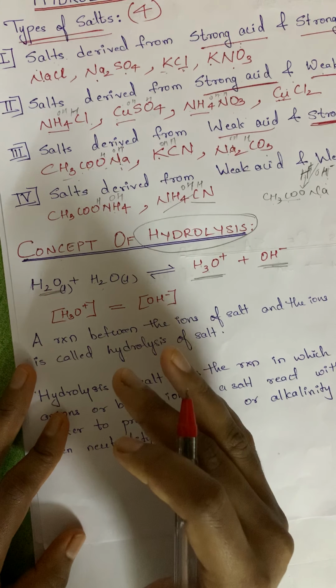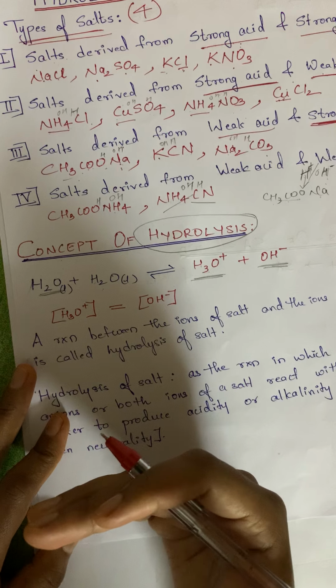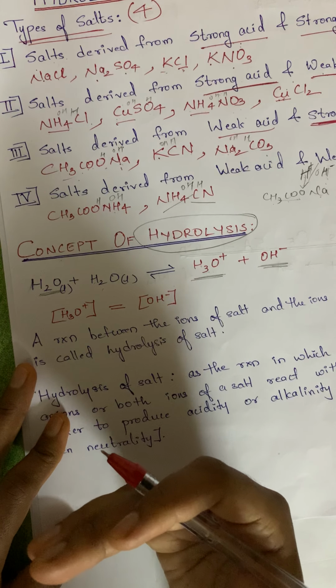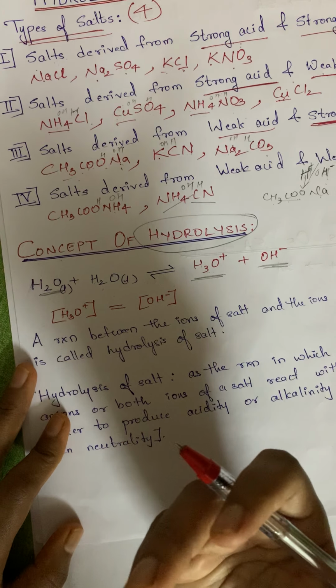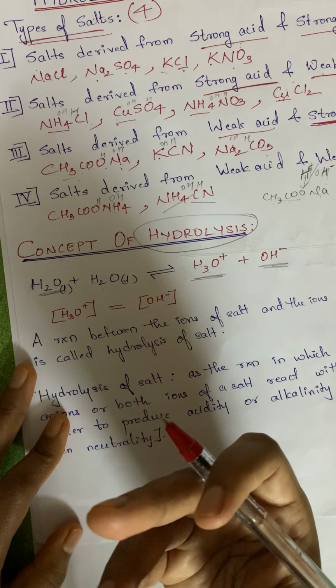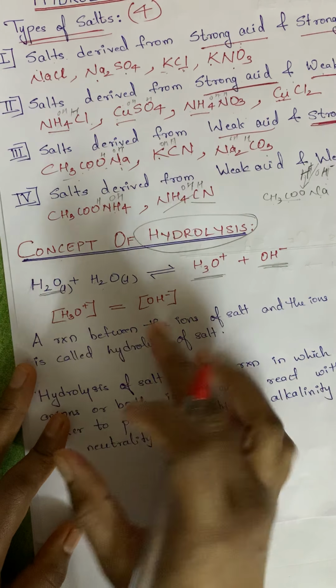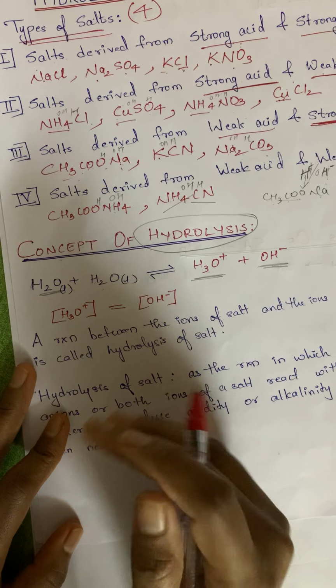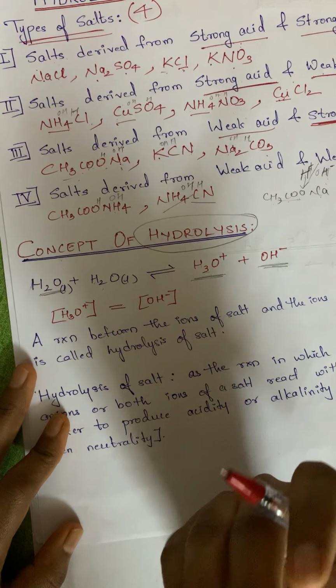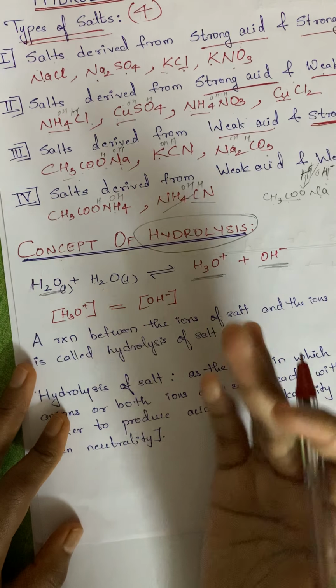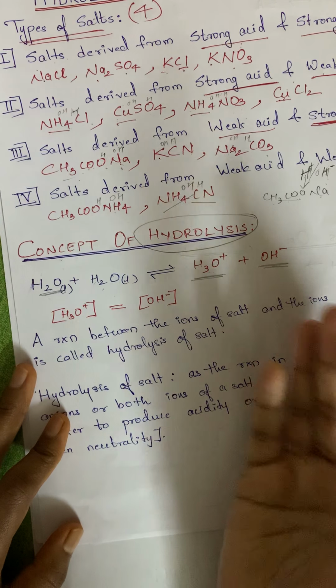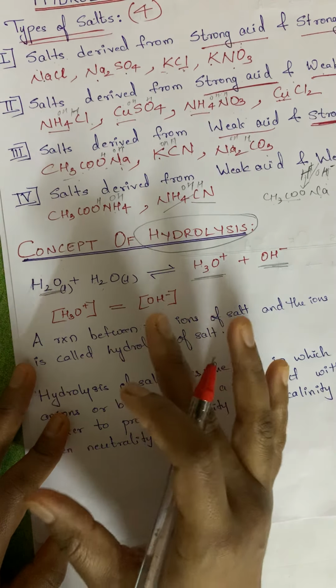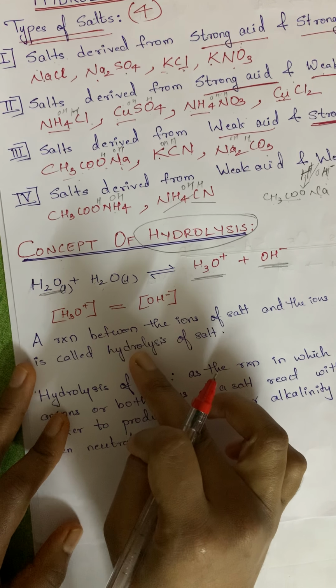When we add a salt, the acidity, basicity will change. That means the neutrality, if pure water is neutral in nature, it can change to either acidic or basic, or sometimes it remains neutral depending upon what kind of salt we are adding in water.